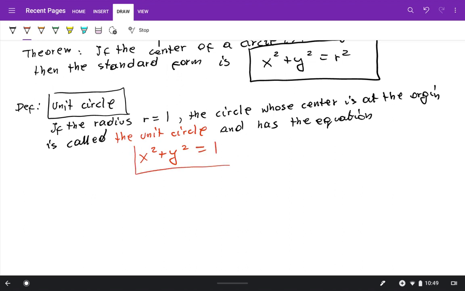So this is the equation of the unit circle. Unit circle is centered at the origin and the radius of the circle is equal to 1.